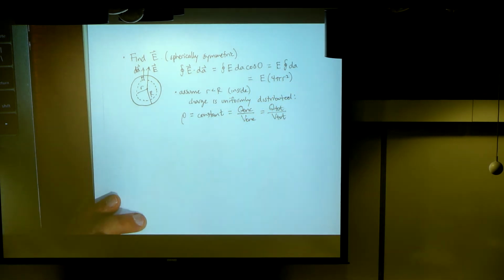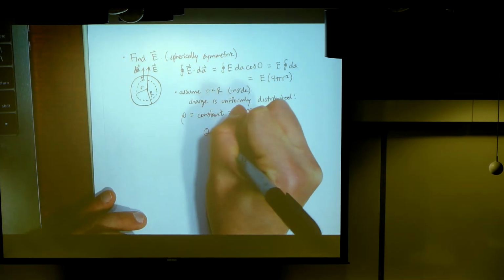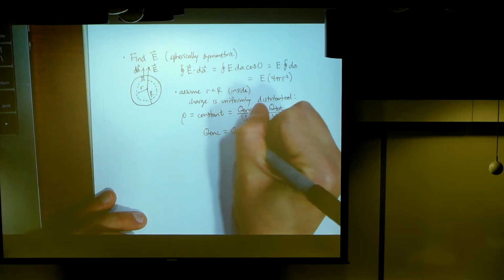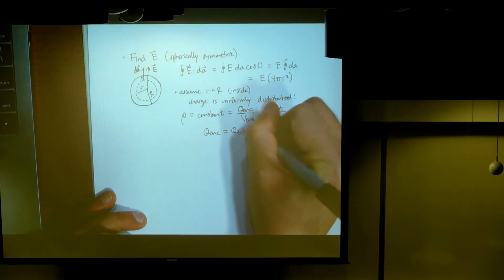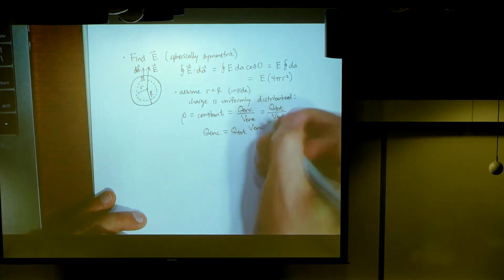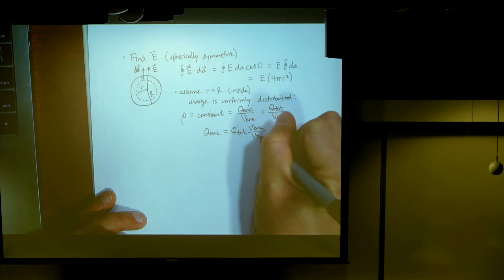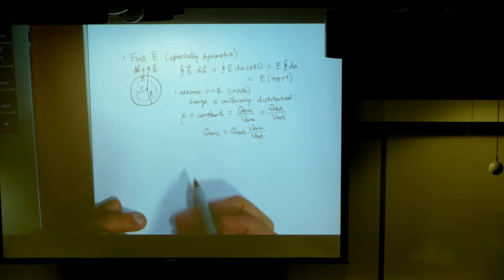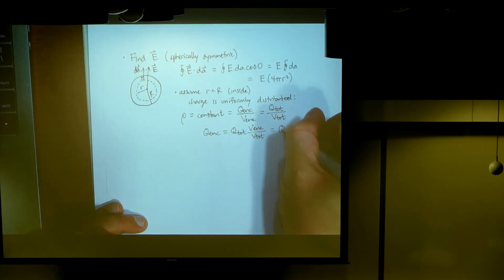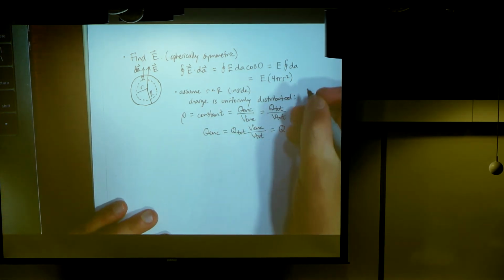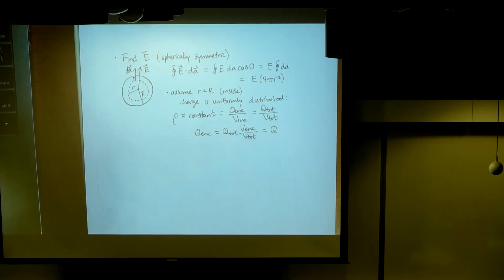So remember how we set this up? Okay, so Q enclosed, therefore, is the total charge times the volume I'm enclosing with this surface divided by the total volume. Remember this? Q total, in this problem, we're just calling that Q. And then, what's the volume that I want to use here? What's the formula for a spherical volume?